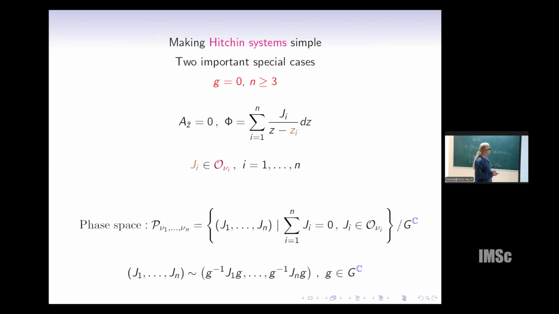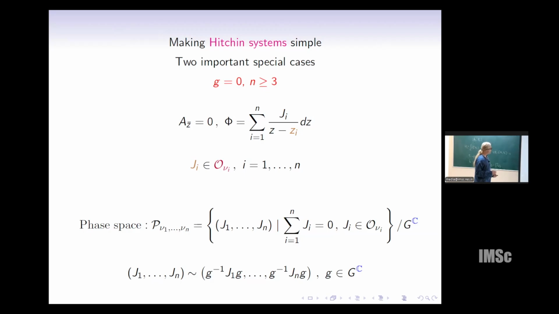Now, these residues take values in the Lie algebra. But as for scalar one-forms, there is a condition that the sum of the residues should be equal to 0. Therefore, these n elements of the Lie algebra, which are constrained to belong to some adjoint orbits, sum up to 0, and there is an overall gauge invariance.